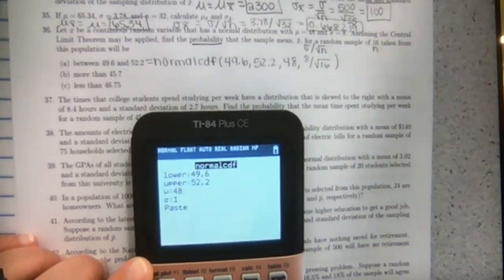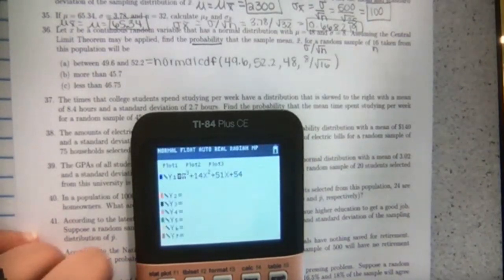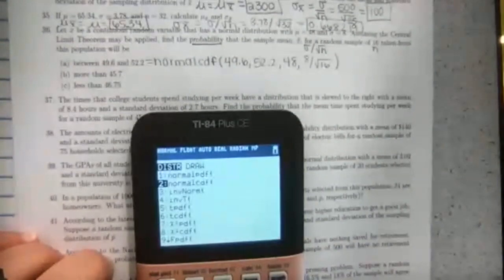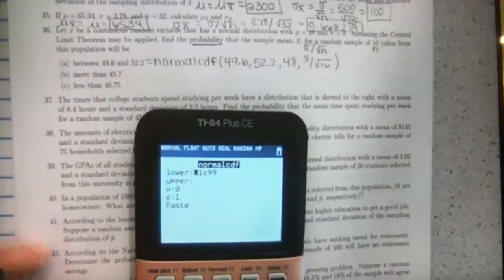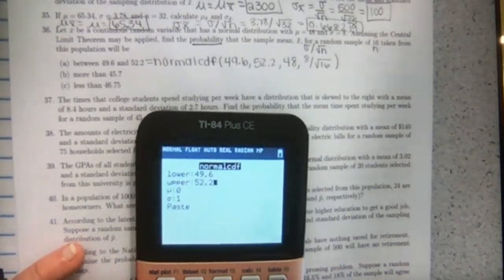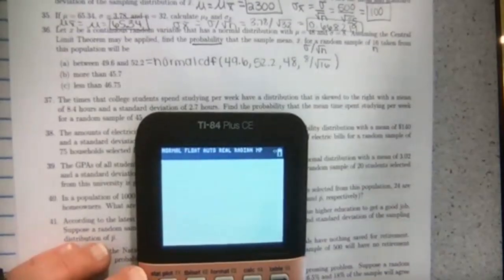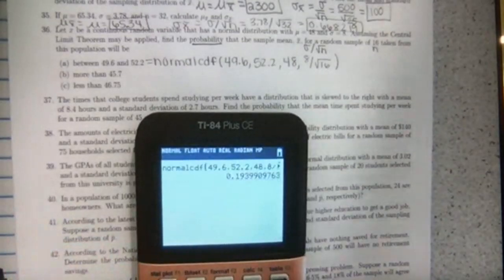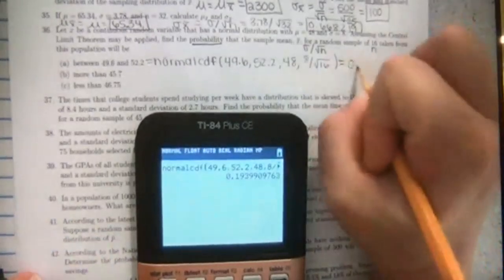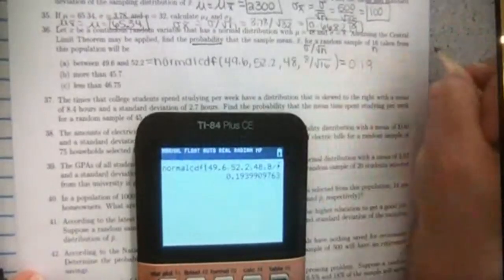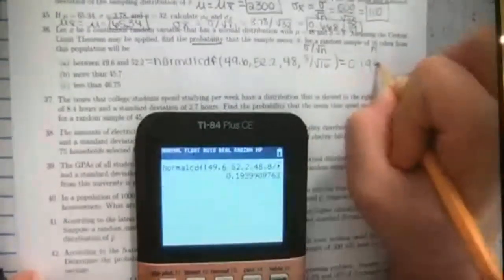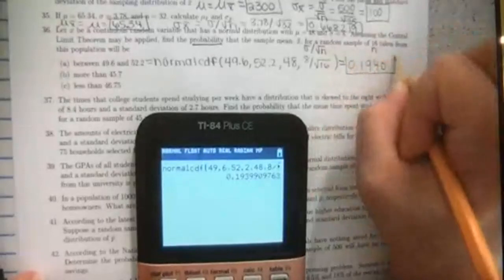Our mean is 48, and our sampling standard deviation is 8 divided by the square root of 16. This will give us 0.19399, so it'll be 0.1940.